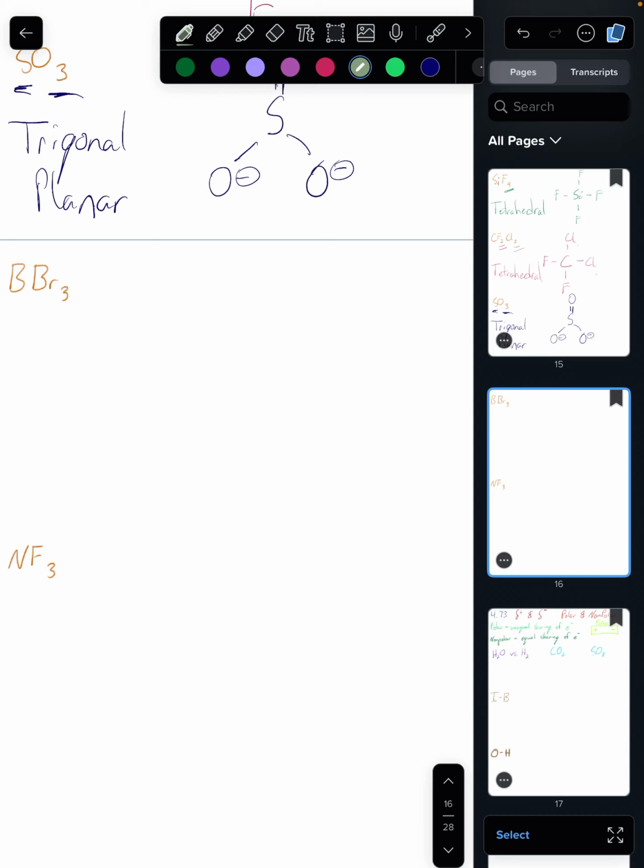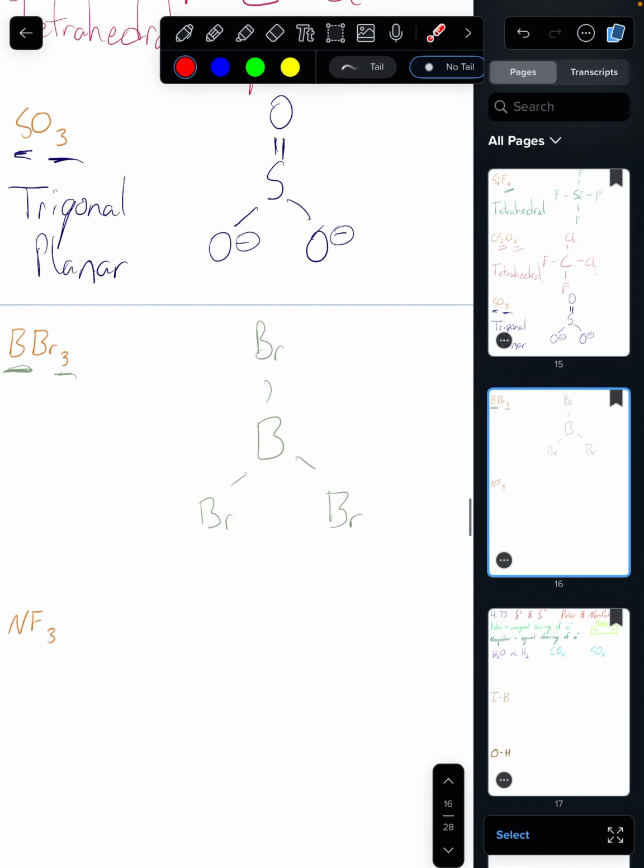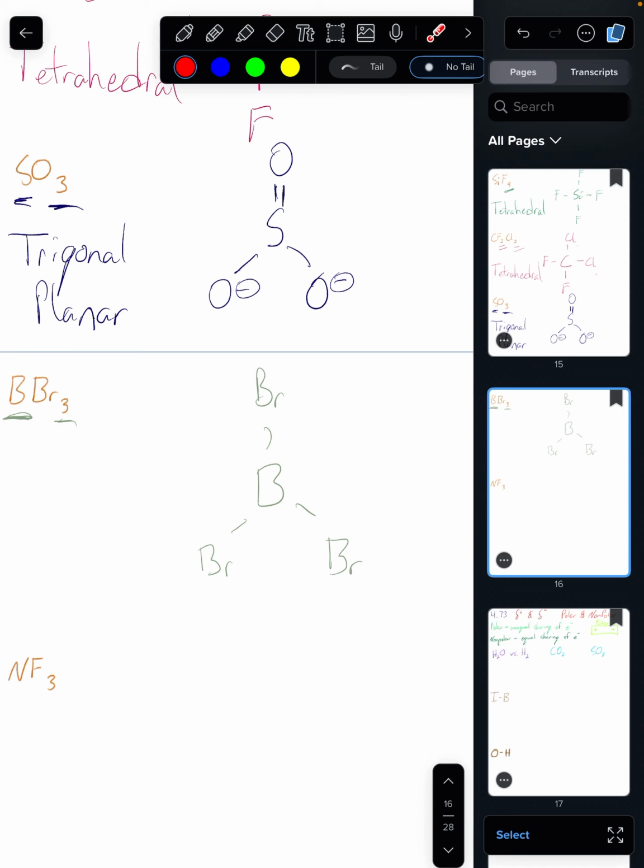So, our boron and bromine is next. With this 3 being over here, and it's connected to this one, we know that's the center. And in any way, like we did up here, to make them all happy as much as possible, we know we could do it here, or here, or here with any of them.